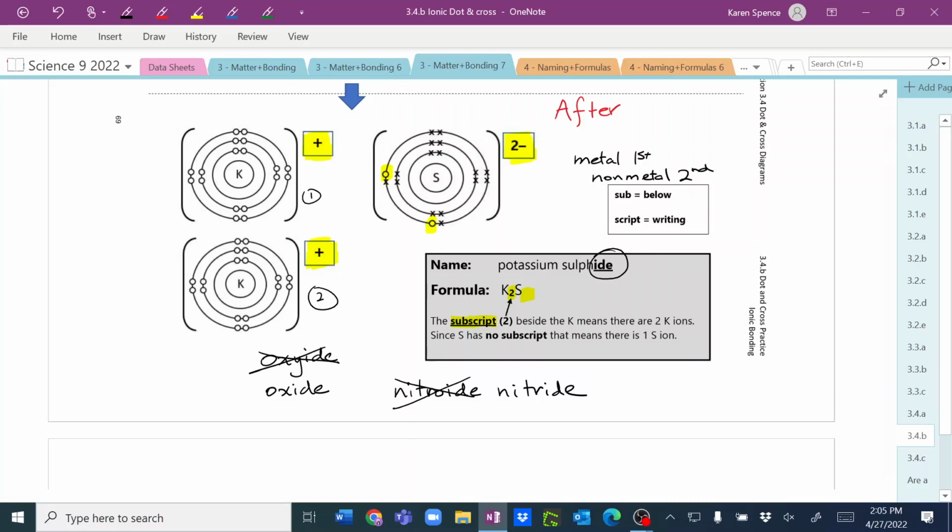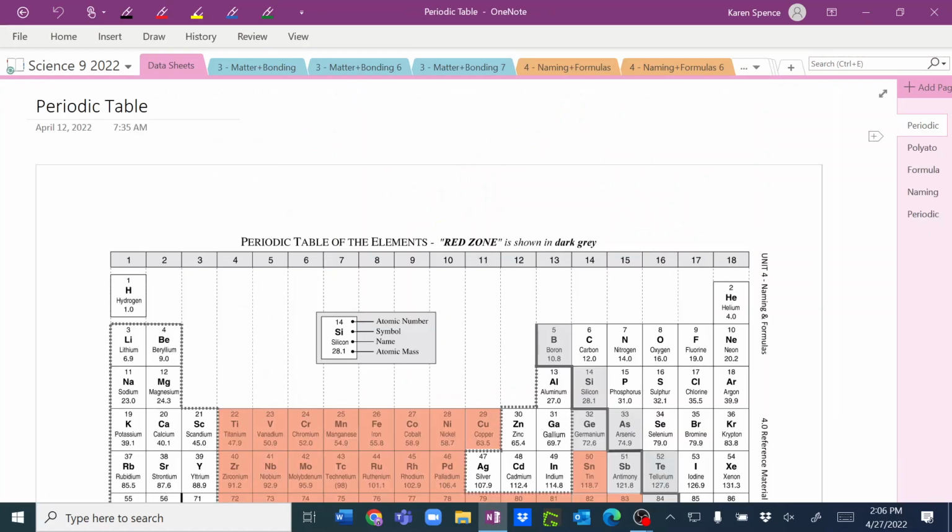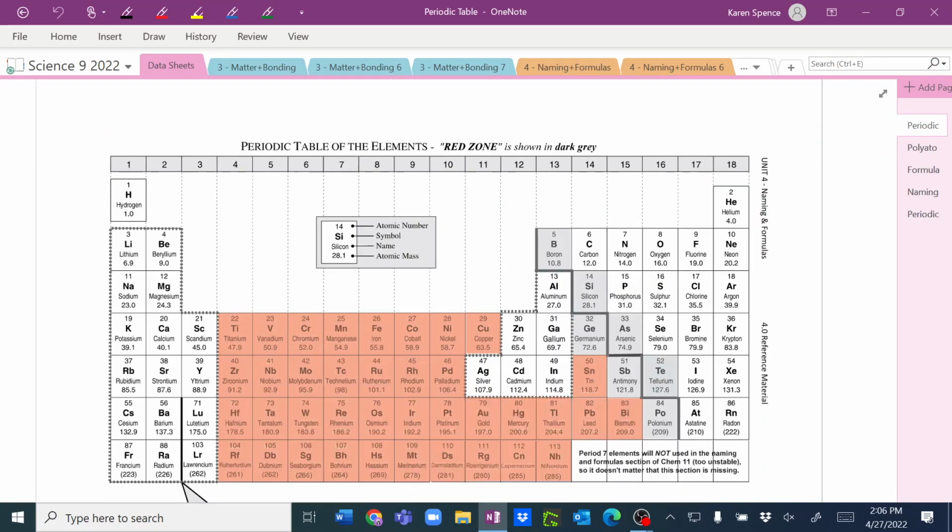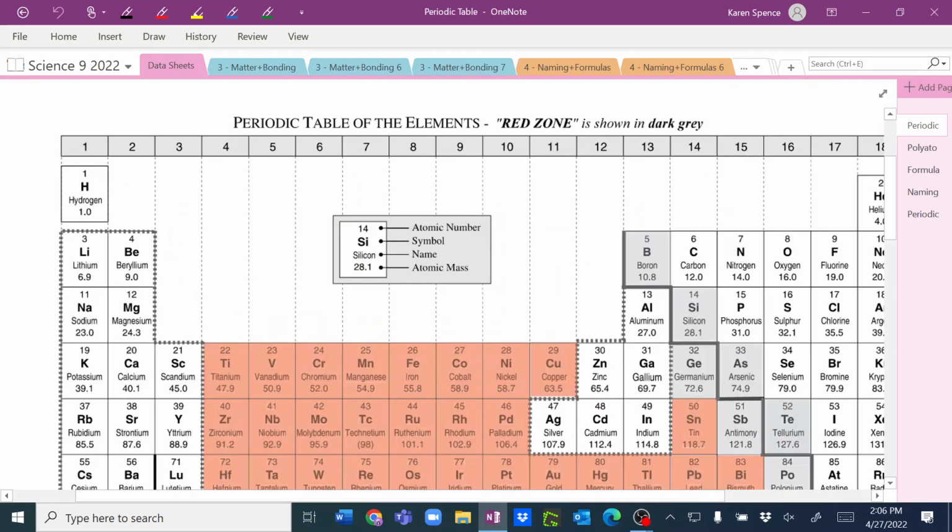And don't forget, if you decide once you've done 3 of them with the full configuration, if you just want to use valence electrons and just show the outer shell, how do you know how many electrons are in the outer shell? Like if I were to go here, how would I know how many electrons are in the outer shell of group 1? How many valence electrons in group 1? 1 valence electron.